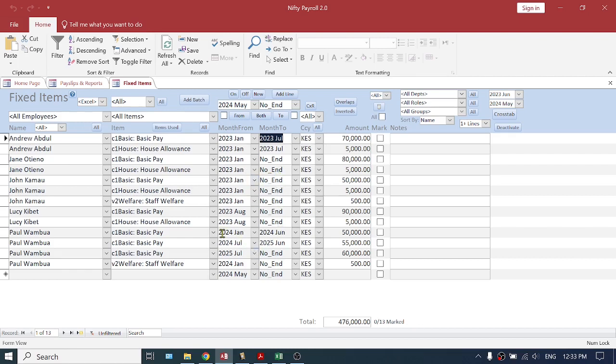Even this Paul Wambua, for whom we've put several different basic pays, in May it's definitely going to pick this one. It's not going to pick this one because this one is only from July and this one is only from 2025 July. So the salary that the system is going to pick is the 50,000.